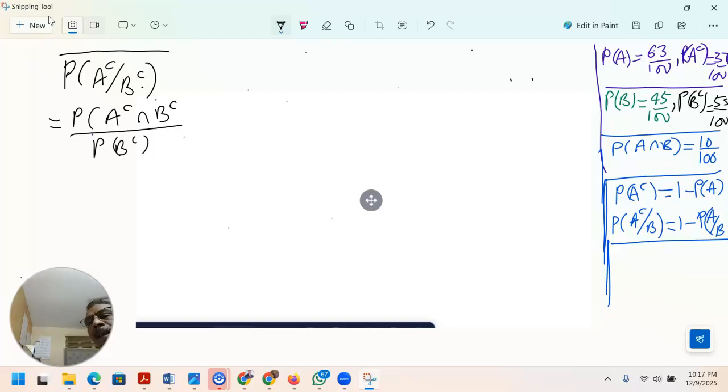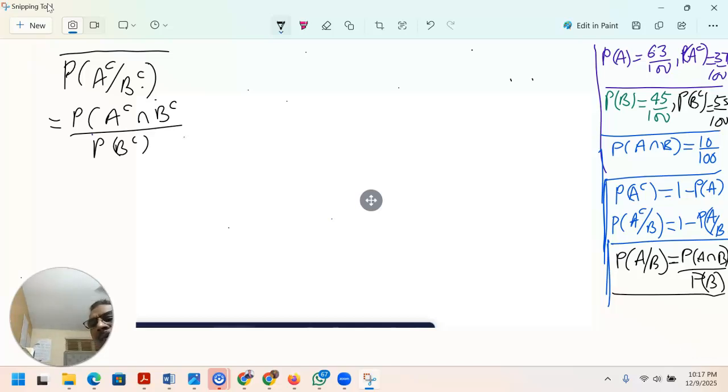Using the formula, probability of A given B is always equal to probability of A and B divided by probability of B. This is the conditional probability which I showed the very first time.